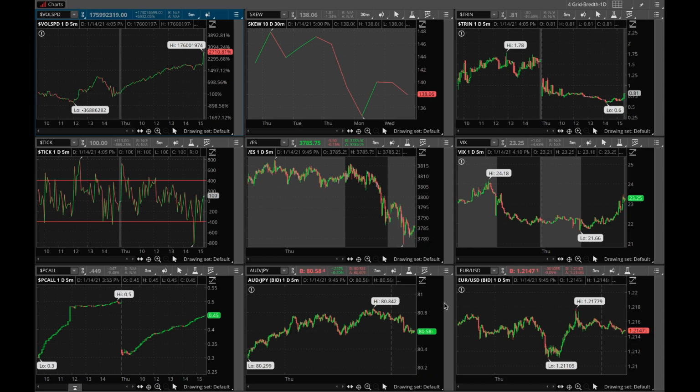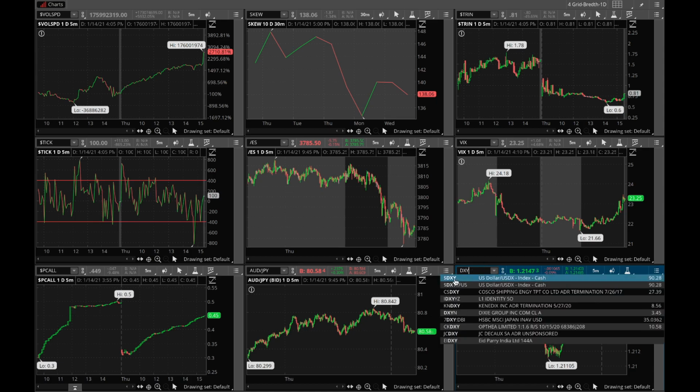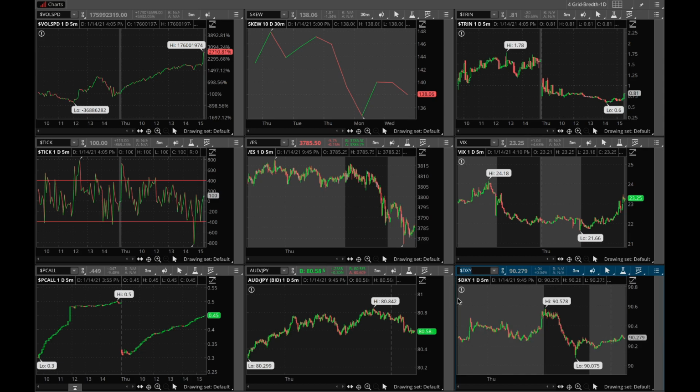The next one we'll look at is DXY. Same story here. DXY went high here, and the stock market ES is also around its high at the time.